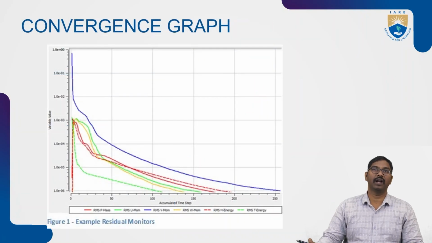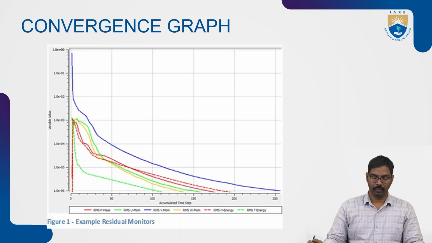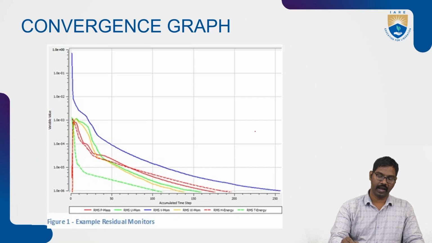In this graph, the x-axis shows the number of iterations, and the y-axis shows the residuals of the different equations. Up to 200 iterations, we can see all the curves are decreasing, and they are reaching the residual convergence criteria. In that way, we can consider this type of graph as defining a well-posed problem.